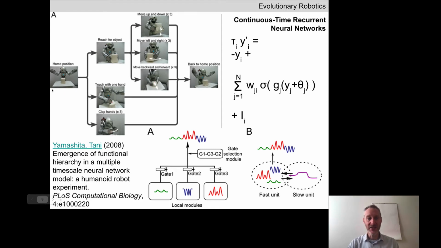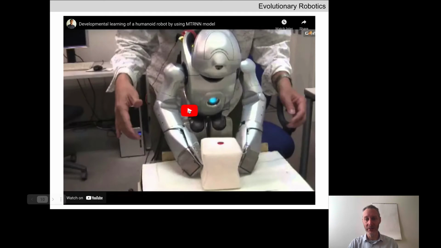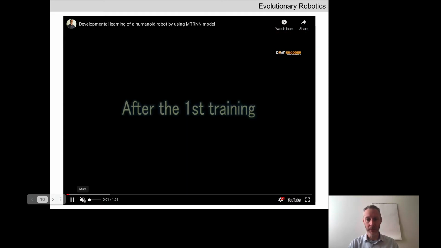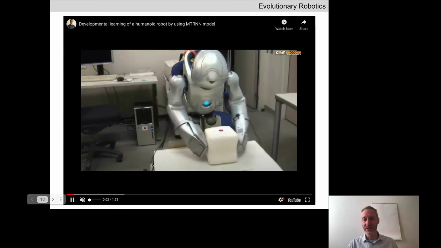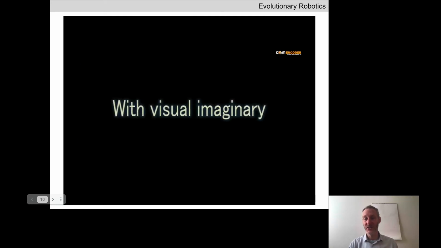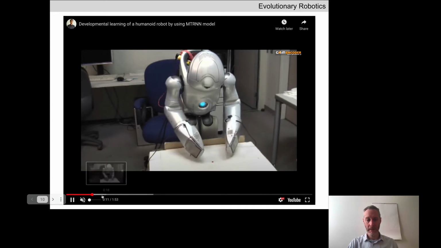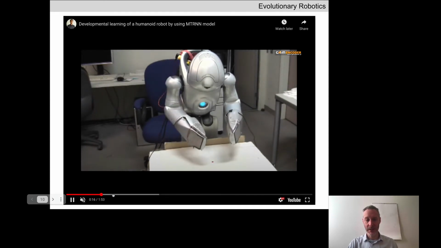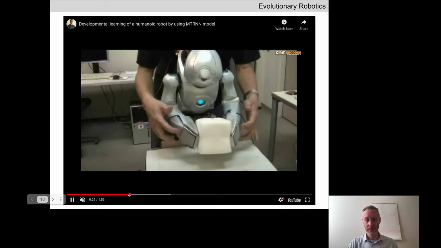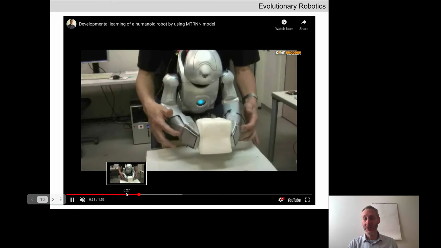Okay, as you can see, we have a little humanoid robot here, and I think I have a video of it. Here it is. You'll notice that this little humanoid has a block in front of it, and we are going to teach this robot to do various things. Let me see if I can skip ahead a little bit here. You can see that part of what it's learning is through human instruction.